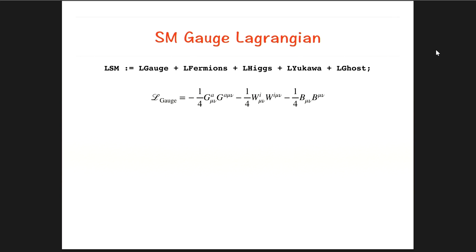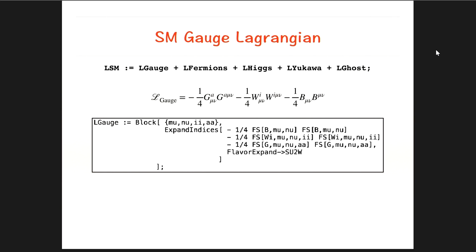So for example, let us look into the gauge part of the standard model Lagrangian, which we all know has this QCD part, this is the SU2L part, and these are the U1Y hypercharge field strength tensor associated with this. As I said, this is this block. What are the indices?